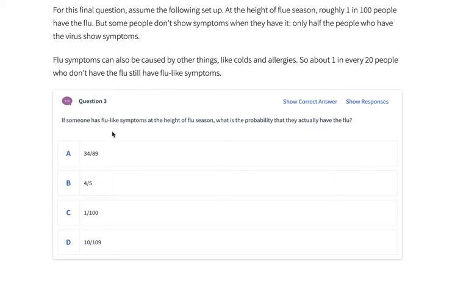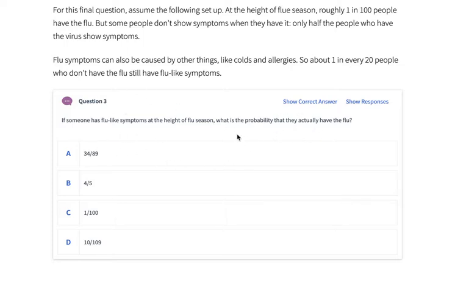Now, what is the question? Well, we're supposing that someone, and we'll call this someone George, has flu-like symptoms at the height of flu season. So this person notices they have some symptoms of the flu. And now we ask, what is the probability that this person has the flu given that they have symptoms?